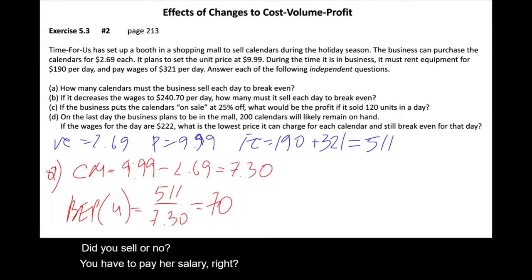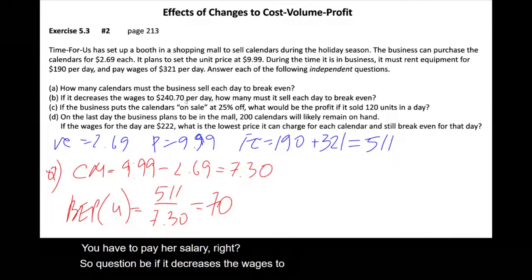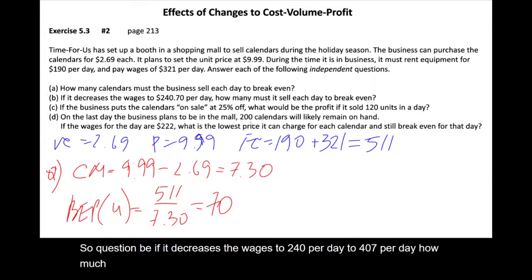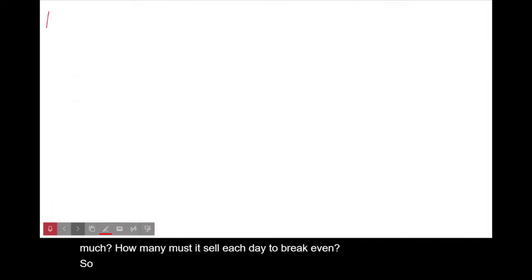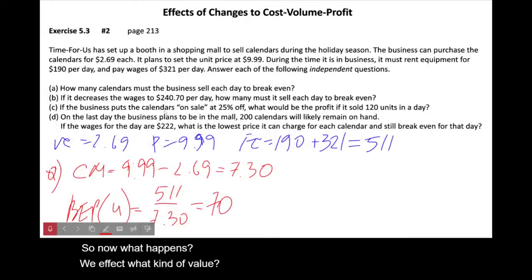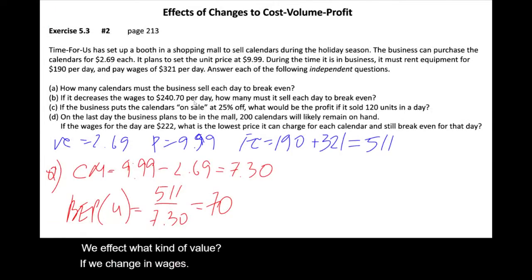So question B, if it decreases the wages to 240.70 per day, how many must it sell each day to break even? So now what happens, we affect what kind of value? If we change in wages, what value will be affected?